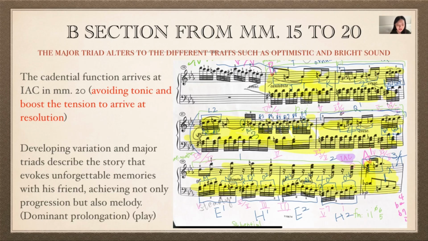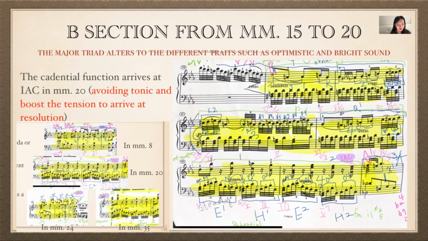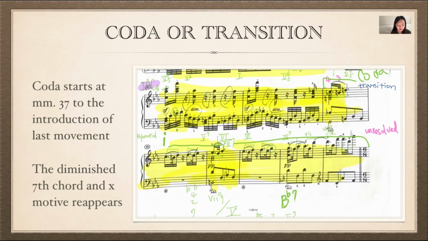So we see several evaded cadences, for example around bars 8, 20, 24, and 35, as I mentioned before. Instead of strong PACs, Beethoven often gives us weaker IACs or half-cadence-like gestures. Even the final cadential area feels soft and reluctant.